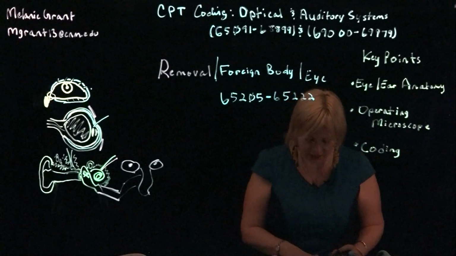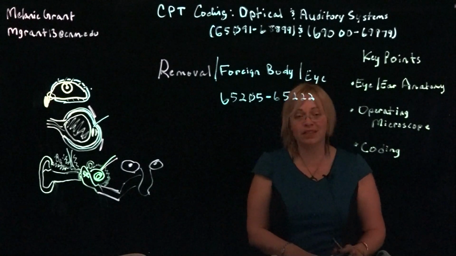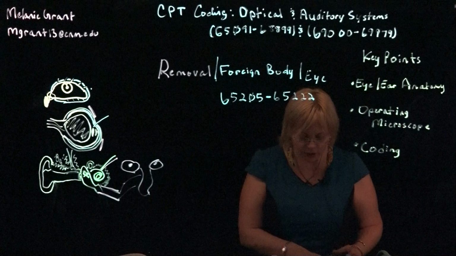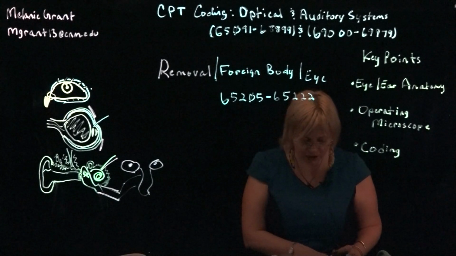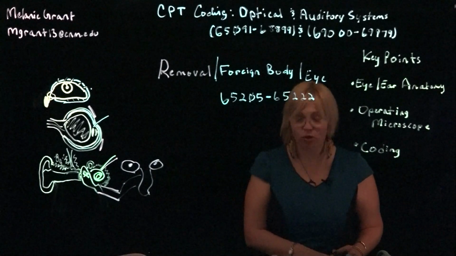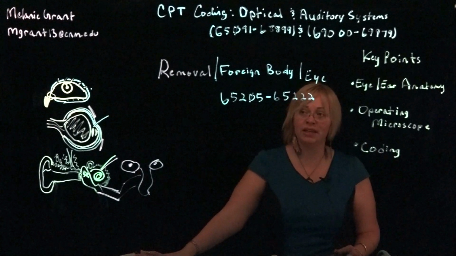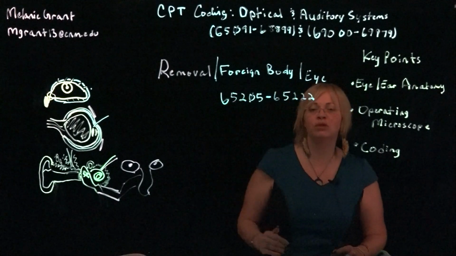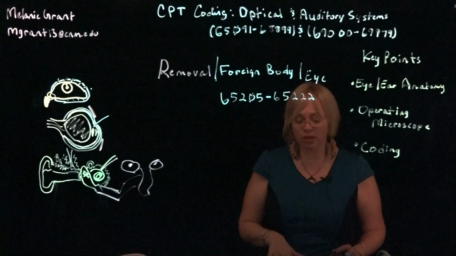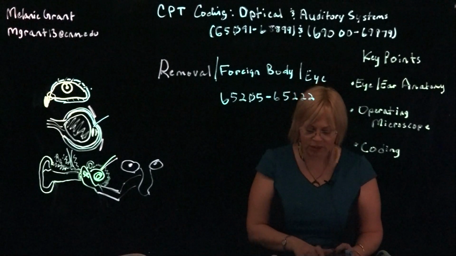I can see that code 65205 is a standalone code, removal of foreign body, external eye, conjunctival, superficial. That sounds exactly like my description of what I need, so I'm pretty sure 65205 is my code. But I always read up and down, and I see there are a few indented codes.